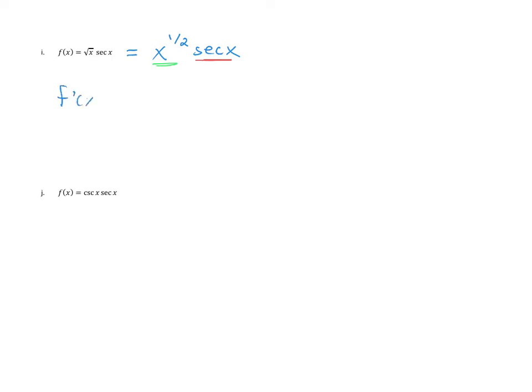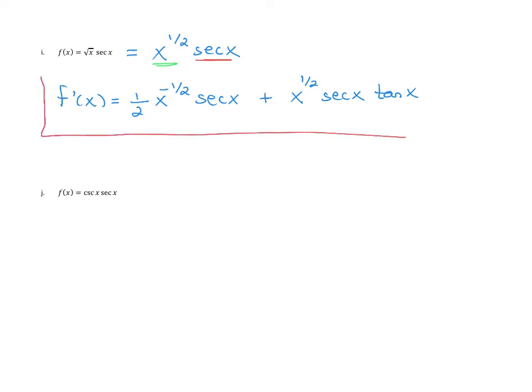So f prime of x would be equal to the derivative of the first, which is 1/2 times x to the negative 1/2, times secant of x, plus the first, which is x to the 1/2, times the derivative of the second, which is secant x times tangent of x. I think that's good enough. We can leave the answer just like this. You could factor some things out. You can make some exponents positive, but I think that's good enough.